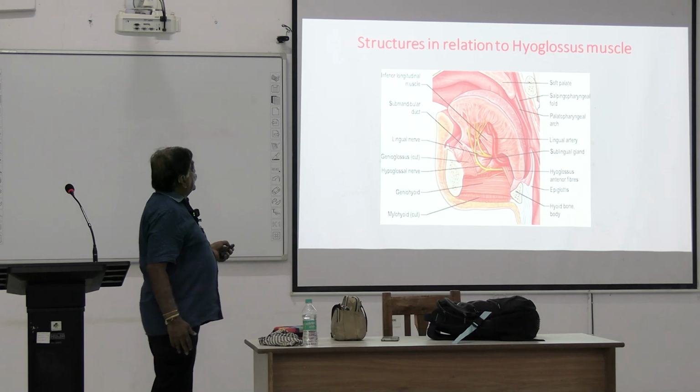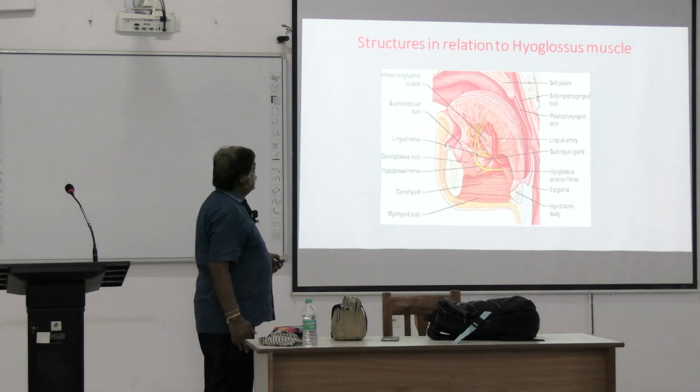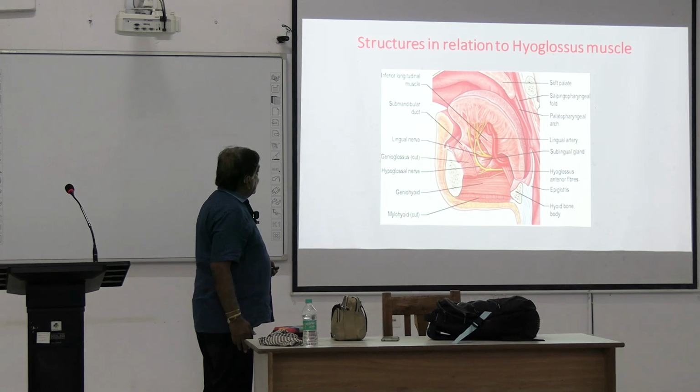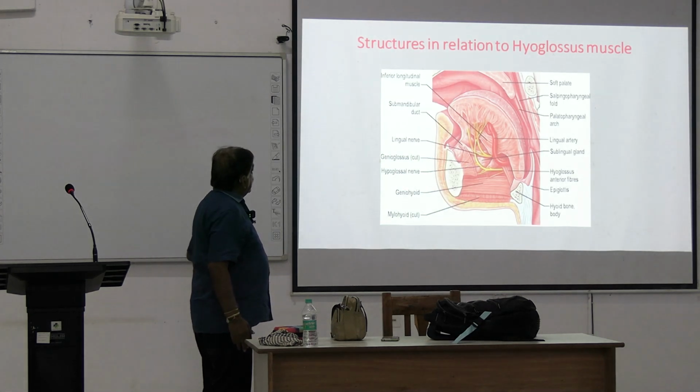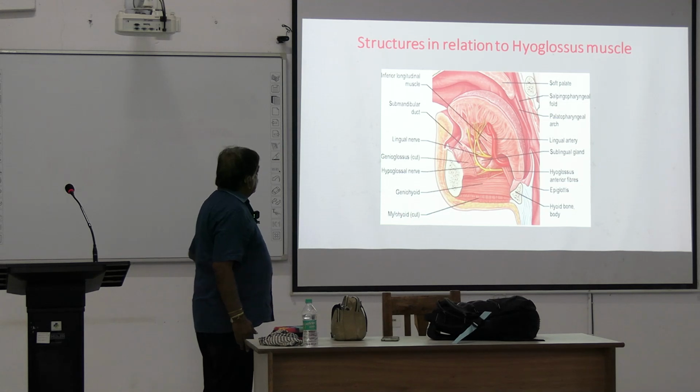Now, inferior longitudinal muscle, this is the lingual artery, see it's going like this. Now, this is the lingual nerve. This is genioglossus muscle cut off. The hypoglossal nerve, geniohyoid muscle, mylohyoid muscle. Now, submandibular duct is here and inferior longitudinal muscle here.